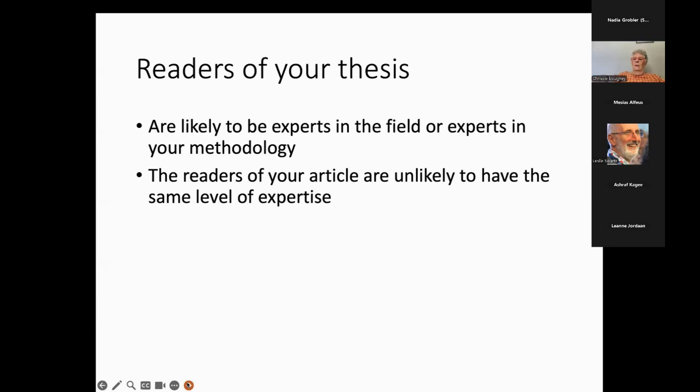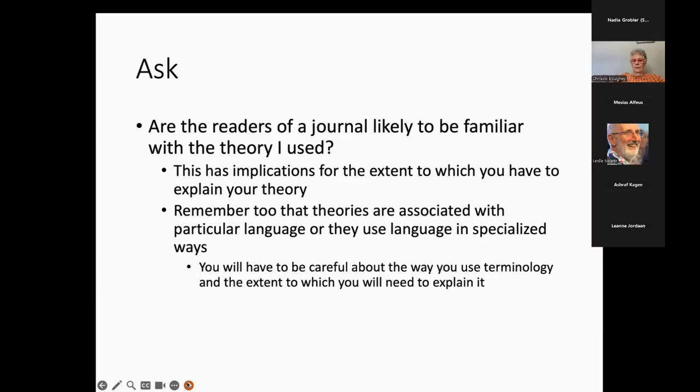experts nominated. If you think about a journal, the readers of your article in a journal are unlikely to have the same level of expertise. Some of them might. Again, it depends on the nature of the journal. But if it's a more generalist journal, then they're very, very unlikely to have the same level of expertise.